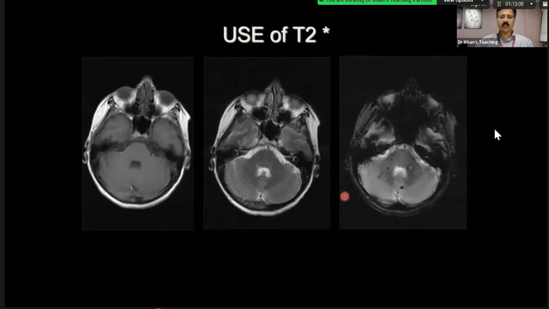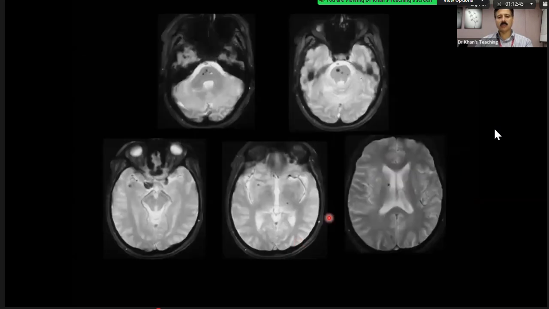It gives a signal dropout. We call it a blooming artifact, and it appears very black. Now, if you see here, there are small microhemorrhages, which are barely visible on T2 and not visible on T1. So this is the only sequence on which they were visible.